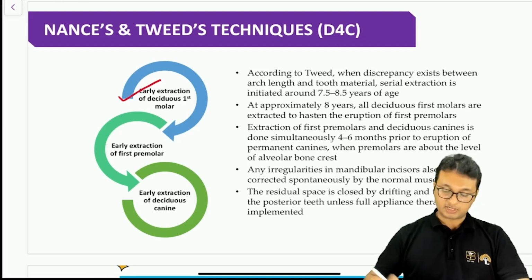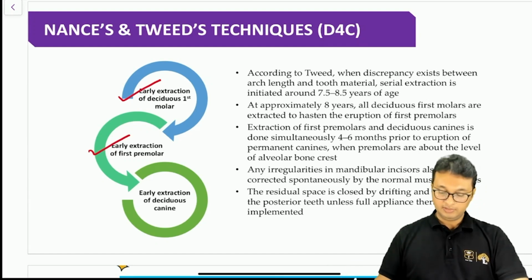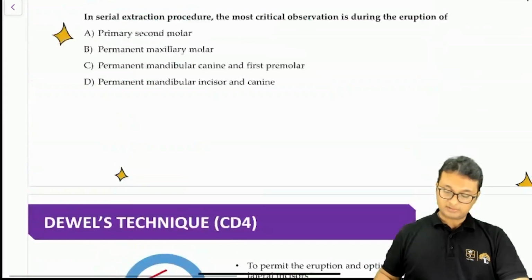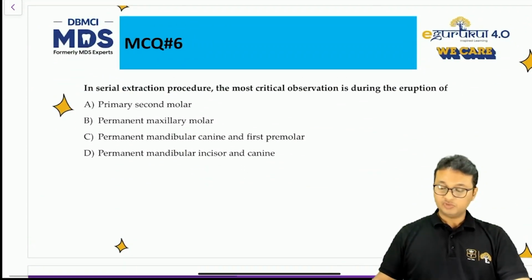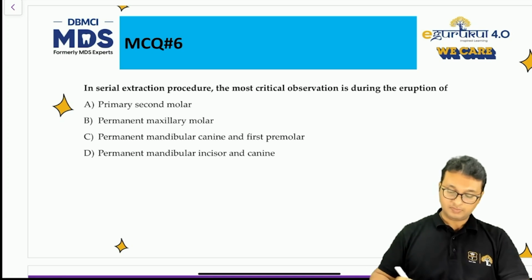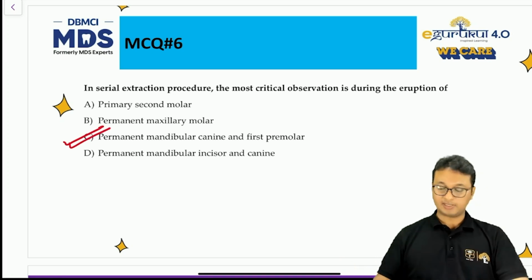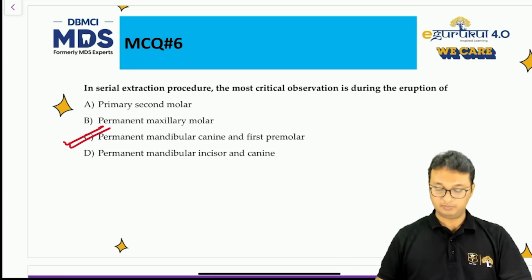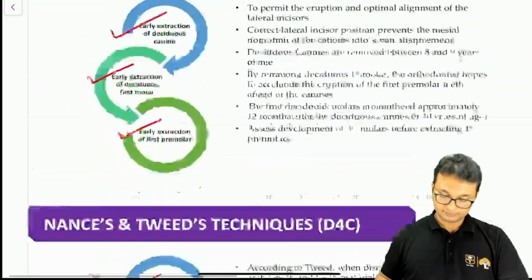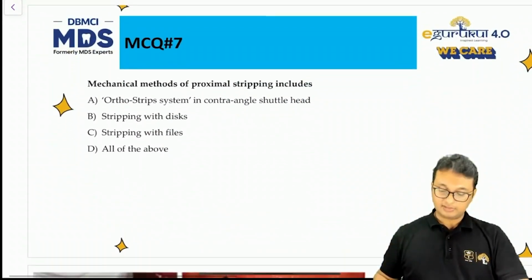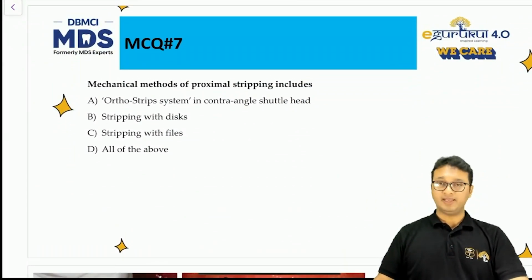That means early extraction of the deciduous first molar, followed by early extraction of the first premolar, followed by early extraction of the deciduous canine. Based on this, the most critical observation is during the eruption of the permanent mandibular canine and the first premolar.